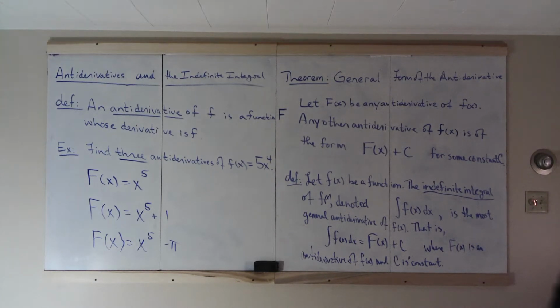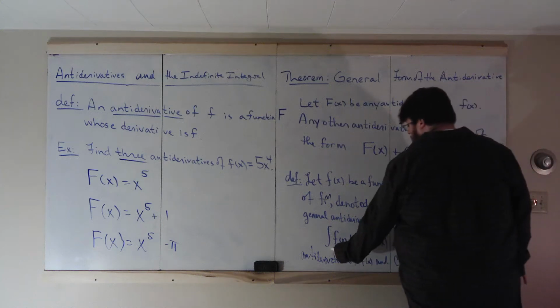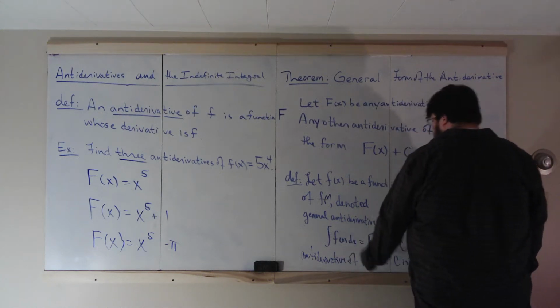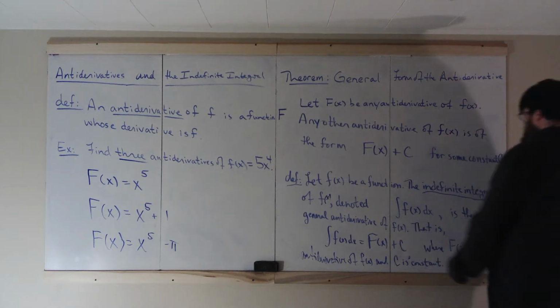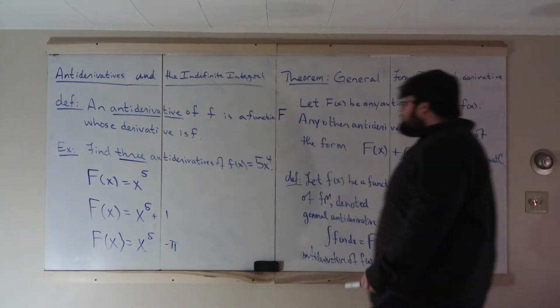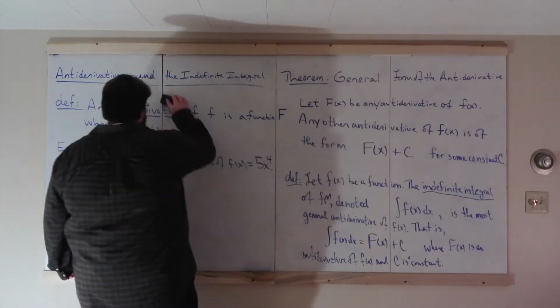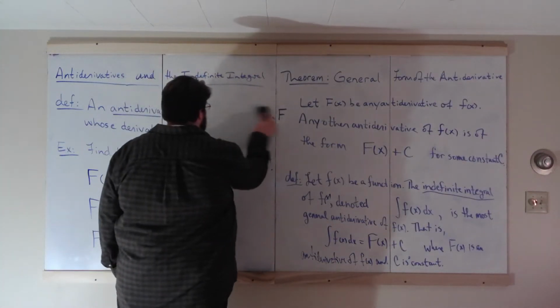That is, the indefinite integral of f of x with respect to x is capital F of x plus c, where capital F is an antiderivative and c is a constant.